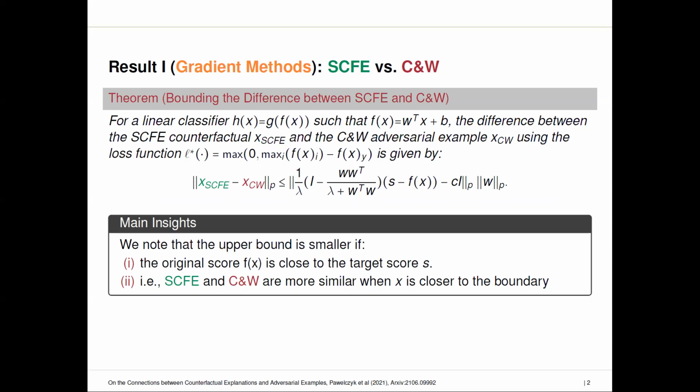This formula includes both methods' hyperparameters, lambda and c, the weight of the linear model w, the logit score f(x), and the target score s. And the key insight is that the bound is small when the original logit score is close to the target score s, essentially implying that Wachter and Carlini and Wagner are more similar when the input x lies close to the decision boundary.